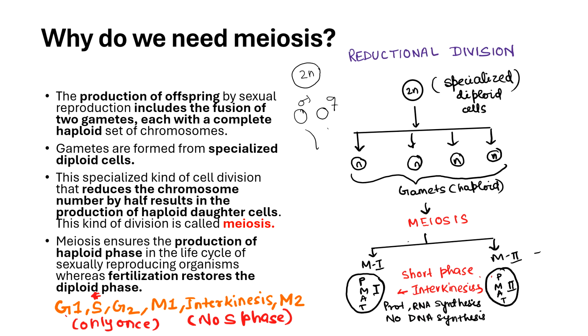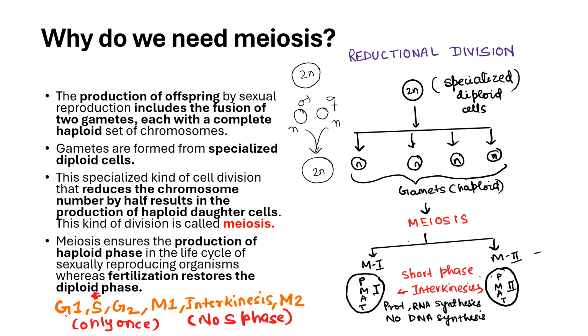Both of them combine together, and it should have a fixed chromosome number, that is 2n. So the only way is that we have haploid gametes from the male and haploid gametes from the female. In this case, meiotic cell division comes into the picture, which is basically the reductional division.